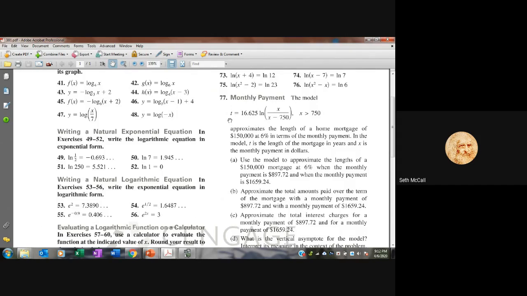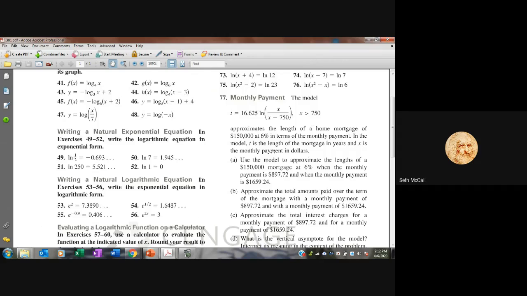And they gave you this equation right here. T equals 16.625 times the natural log of x divided by x minus 750, and where it says x has to be greater than 750. And what this equation does is it approximates the length of a home mortgage of $150,000 at 6% in terms of the monthly payment that you make.